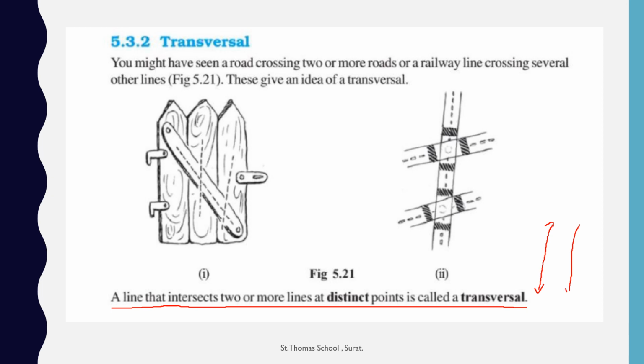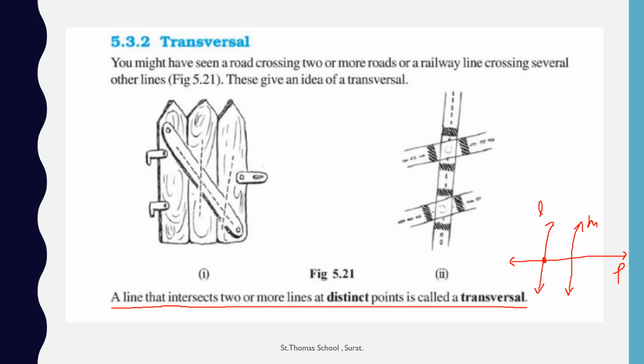You can mark any name for these lines, line L and line M, and these two lines are intersected by another line, that is P. And you can see here these two lines are intersected by this other line at two points.